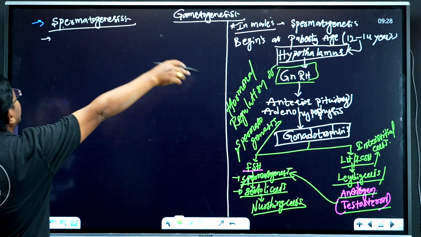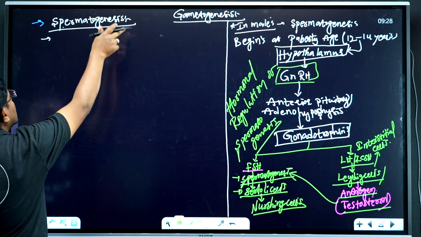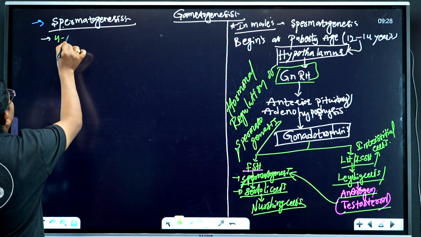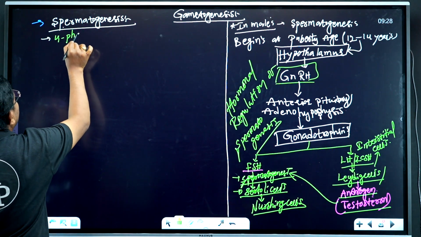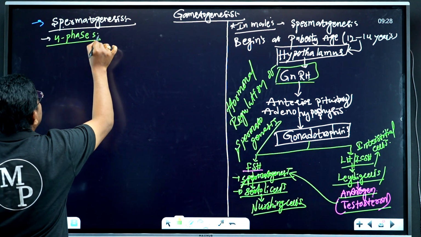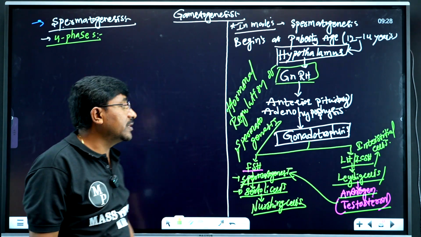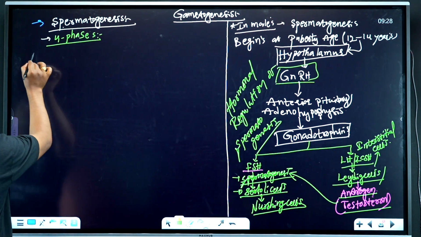See, at the puberty age, the spermatogenesis process begins, and in the human male it is completed in four phases.